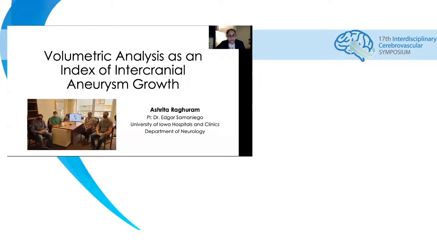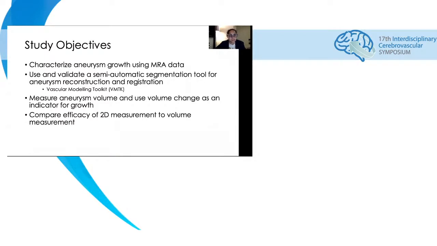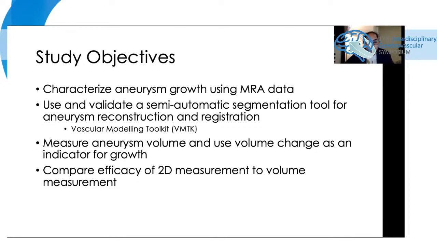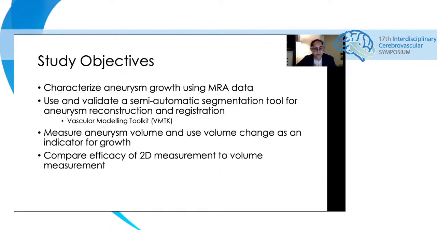Hi, my name is Ashrita Raghuram, and I will be talking about our volumetric analysis as part of Dr. Samanego's lab. The goal of this study is to characterize aneurysm growth using MR angiogram, MRA, and we'll reconstruct the aneurysm in 3D using a semi-automatic segmentation tool, the vascular modeling toolkit, at two different time points.